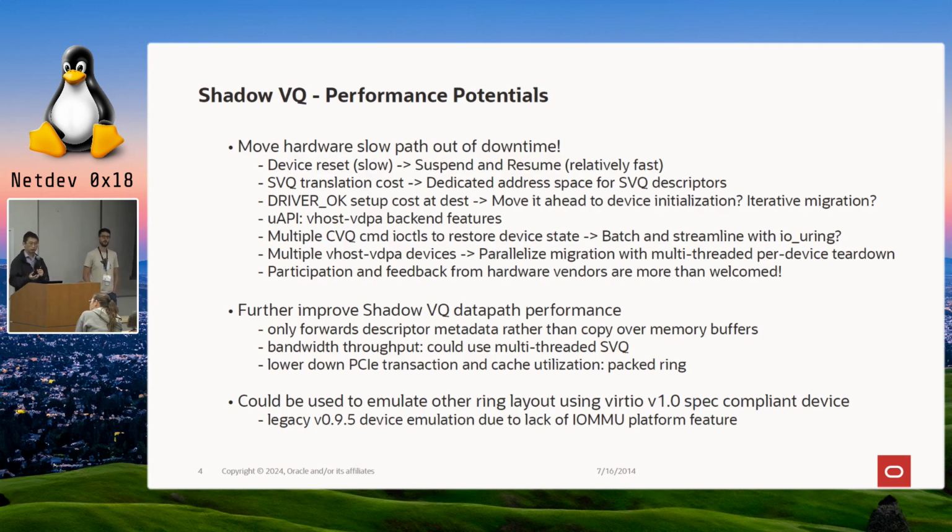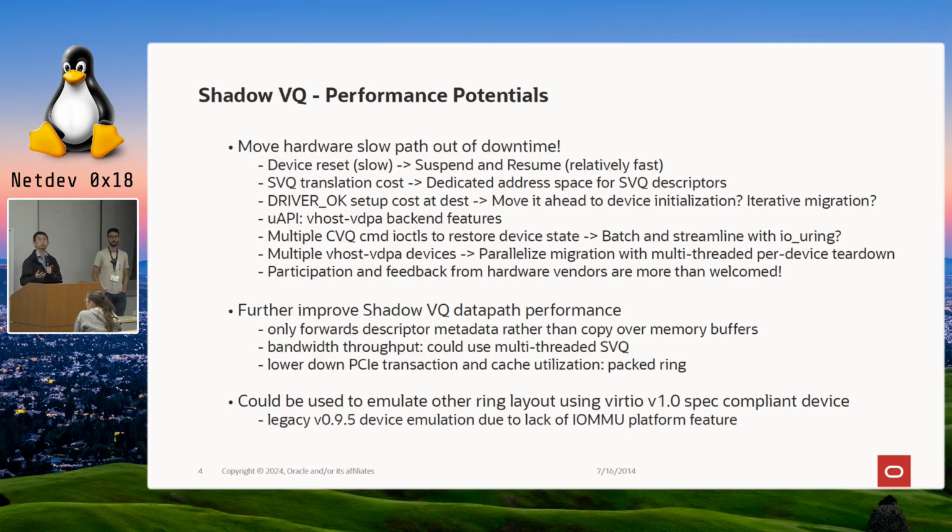So we have kind of a discussion whether we want to take a generic approach to actually fix the DMA API for the vDPA subsystem, or we want to use something device dependent to do that.